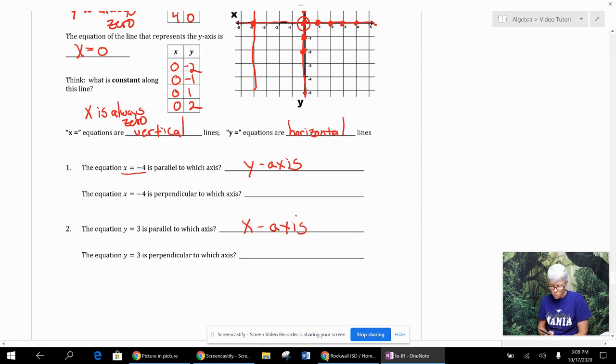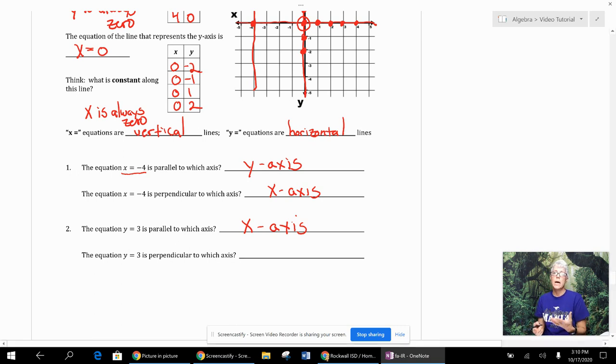This line that I wrote is perpendicular to the x-axis. So there again, something to try to remember. The equations of the line that are represented by x will be perpendicular to x, but parallel to y. I know, kind of crazy, right?